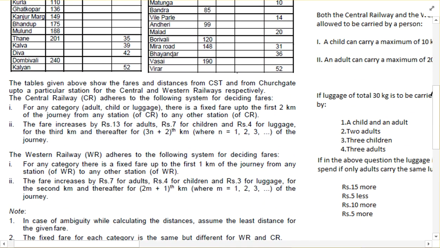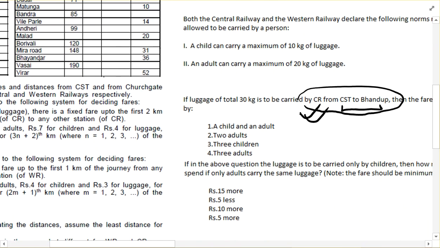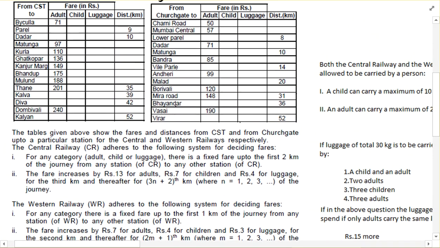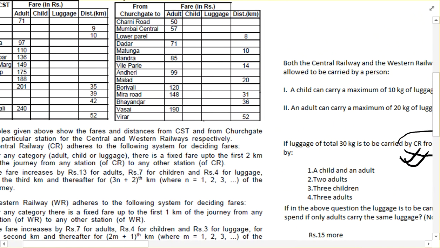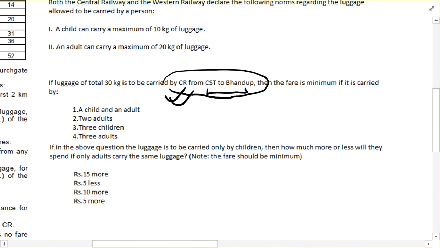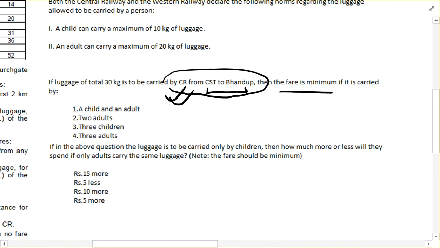Now there are two different rule sets given, Central Railway and Western Railway. We won't care about the second one, Western Railway. We will just care about Central Railway. Are they asking about distance? Fare is minimum, and how much more or less will they spend if only adults carry the same luggage?